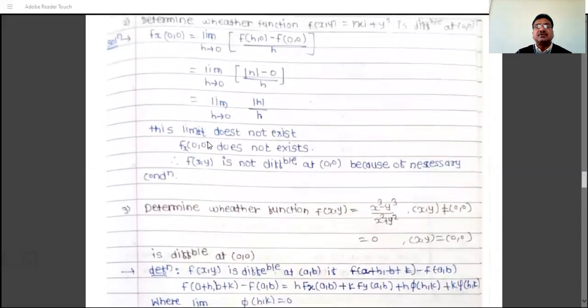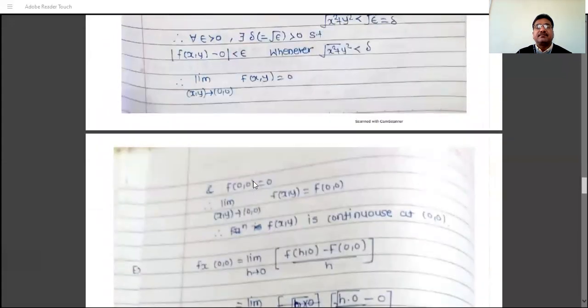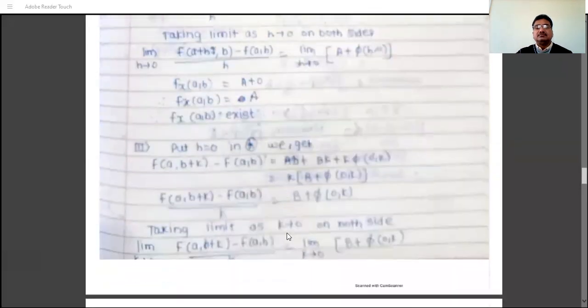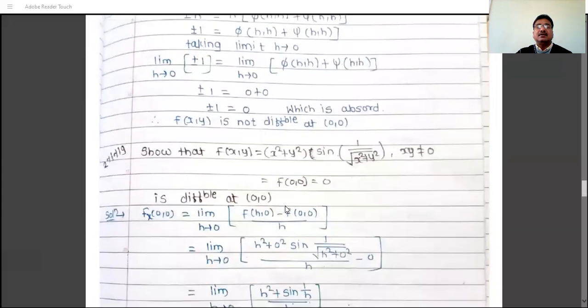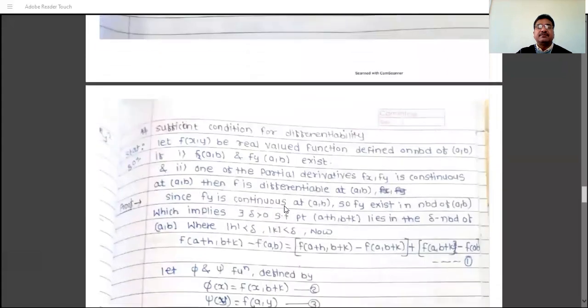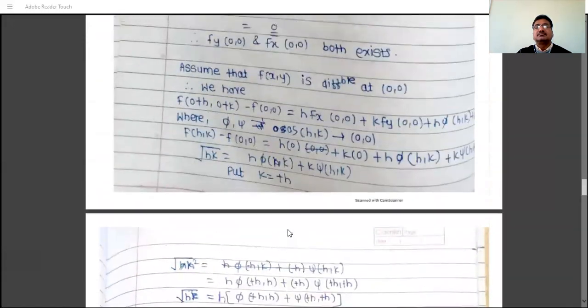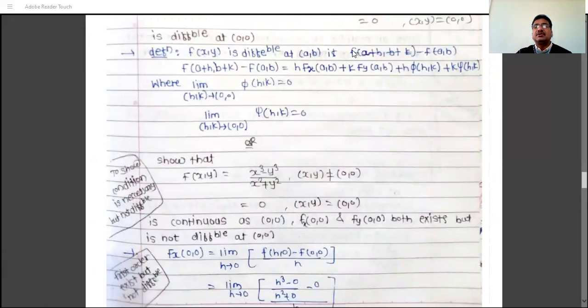The function f(x,y) is differentiable at (0,0) if f(0+h, 0+k), which means f(h,k), minus f(0,0) can be expressed in the form h fx(0,0) plus k fy(0,0) plus h phi(h,k) plus k psi(h,k).